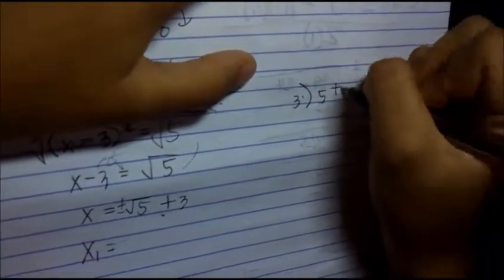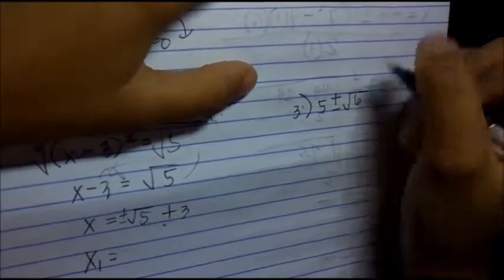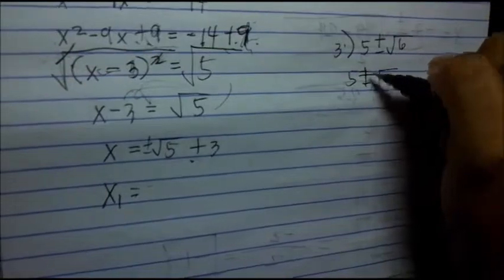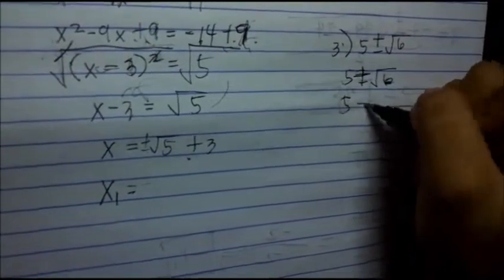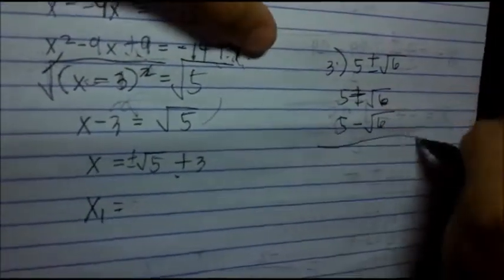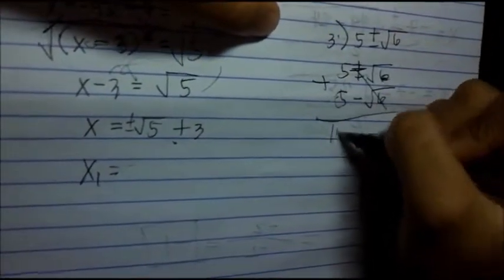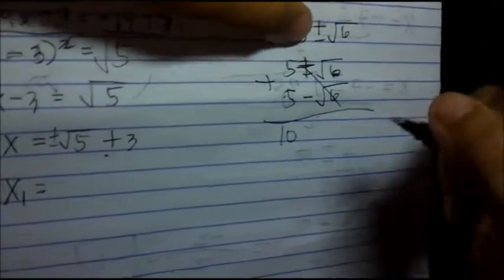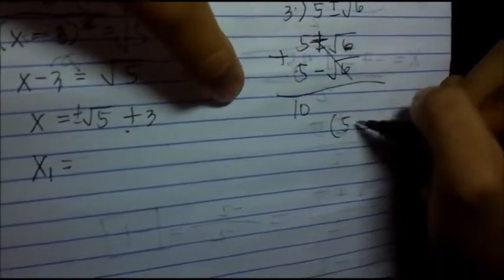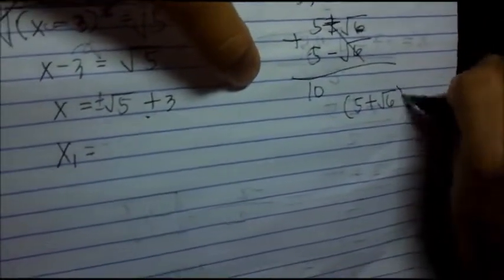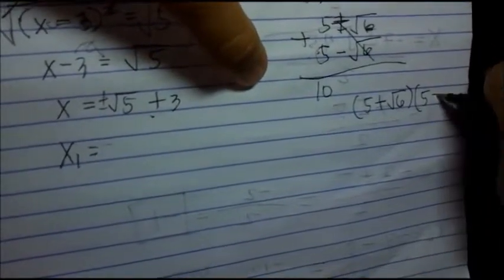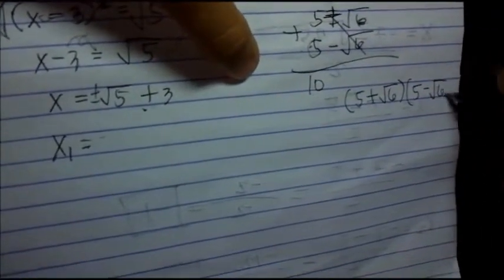Then our next example is 5 positive negative square root of 6. So 5 plus square root of 6 plus 5 minus square root of 6. So, cancel, 5 plus 5, 10. Then, for the product, 5 plus square root of 6 times 5 minus square root of 6.